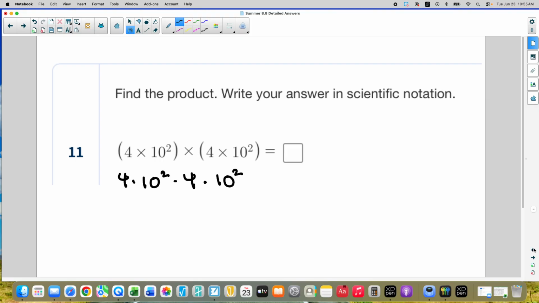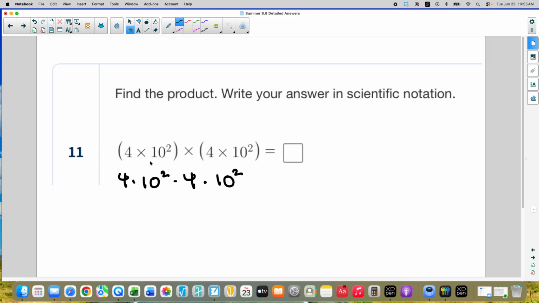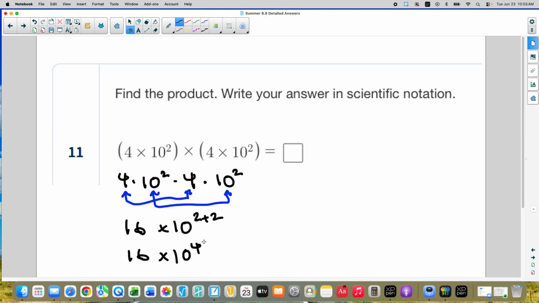Completely different from this. This is multiplication, that was subtraction. So we're going to multiply like with like. That gives me 16. And then like with like, that's going to give me times 10 to the 2 plus 2, or 16 times 10 to the 4th.